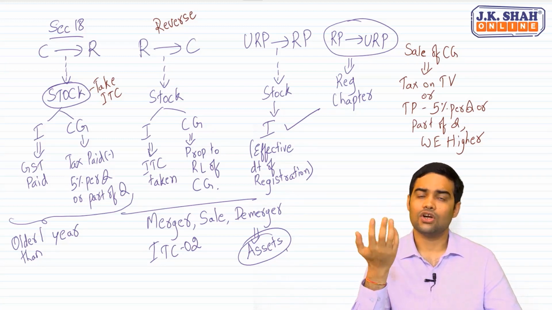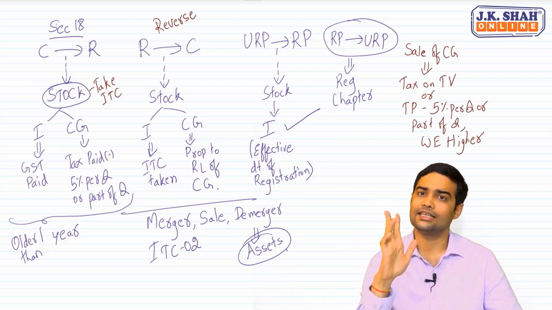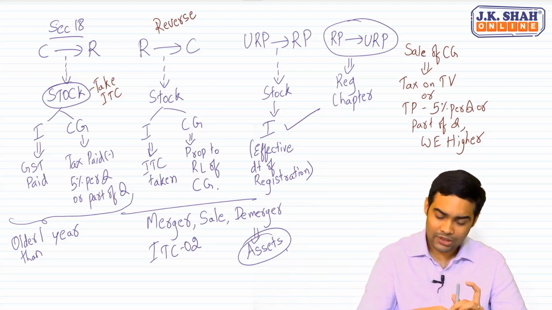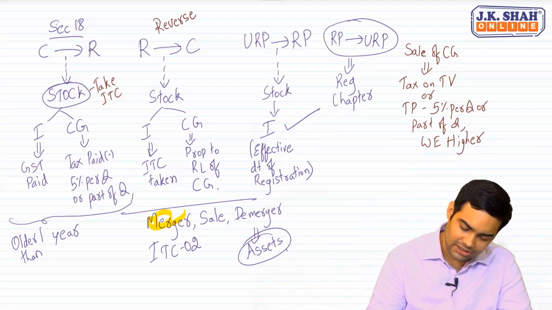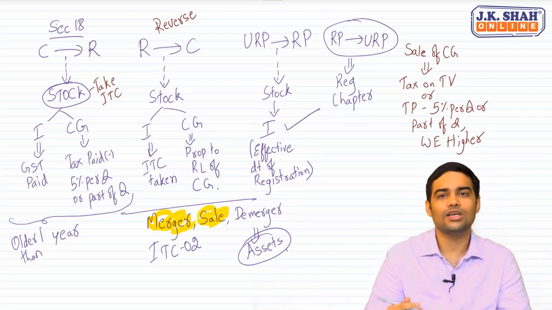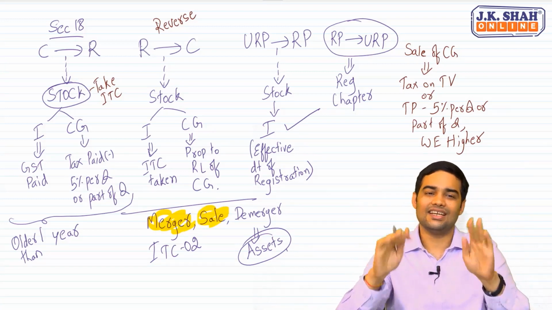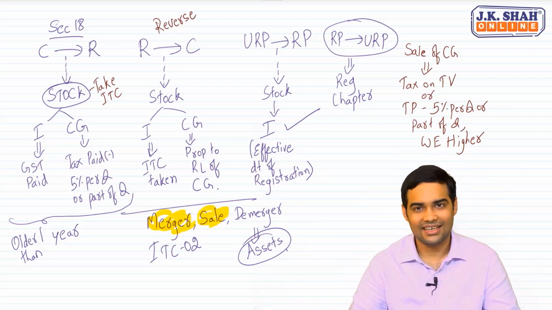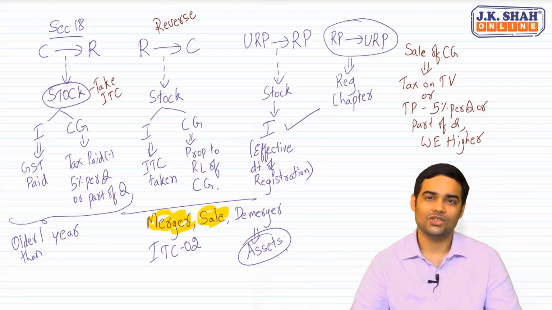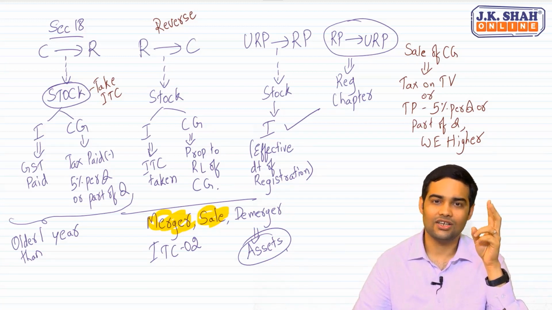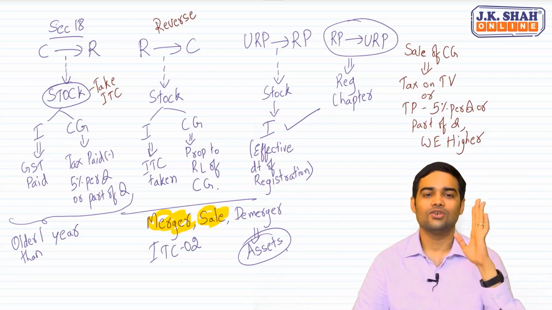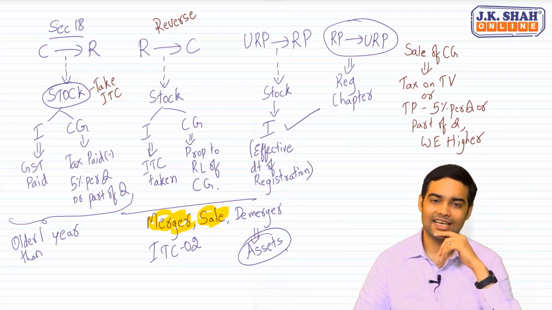So it depends on the assets and based on that you can divide it amongst the demerged entities. Merger, sale or amalgamation, this issue does not arise. Whatever is the ITC, that you will transfer to the transferee. Clear with this? Yes. So composition to regular, regular to composition, unregistered to registered, sale of capital goods and merger, sale or demerger.